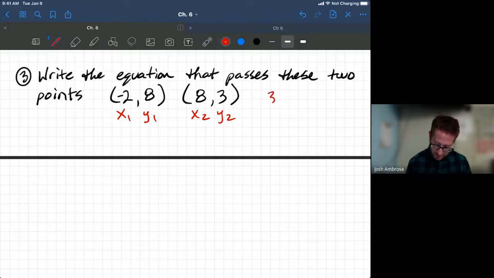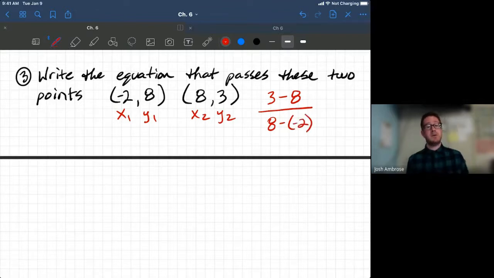We have 3 minus 8 divided by 8 minus a -2. And it's important that you notice that minus sign is part of the equation, and that -2 came from the point. So you need to incorporate both negative signs.